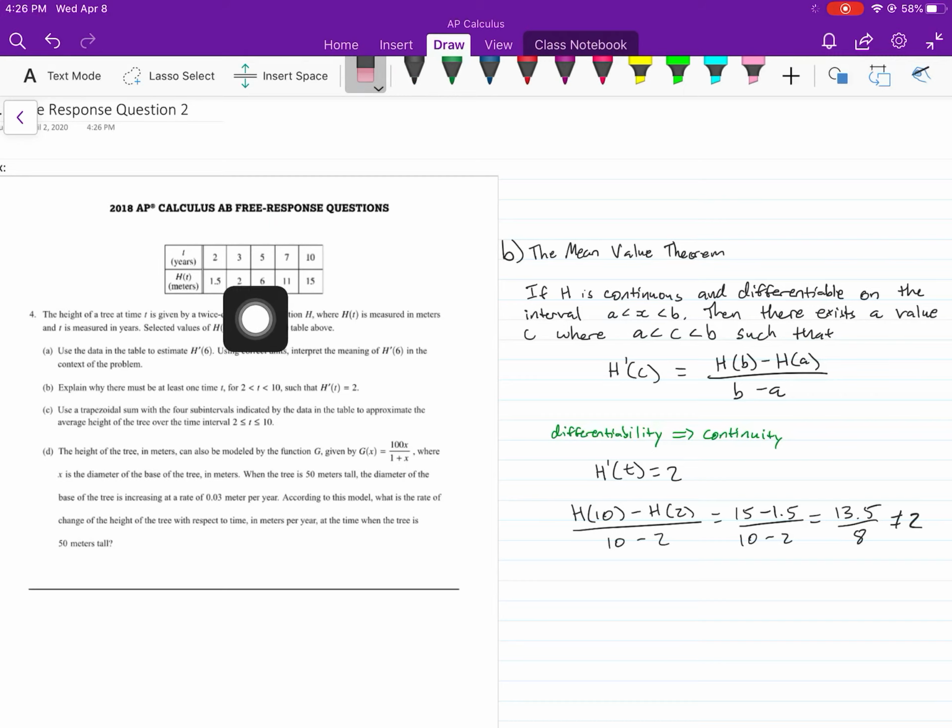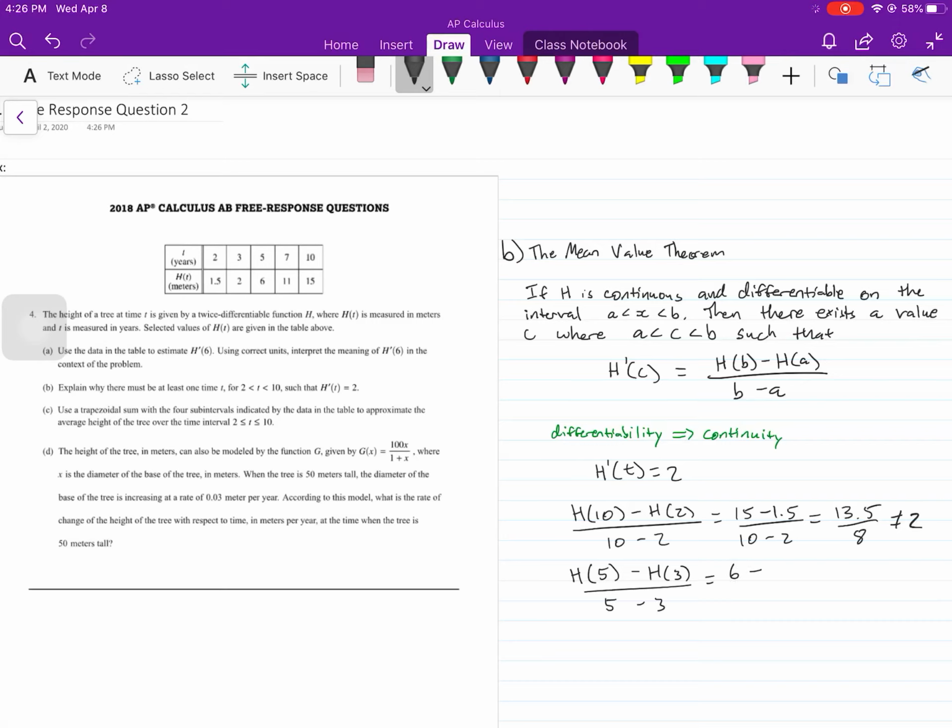I'm going to try some other things. I'm looking right here. 6 minus 2 is 4, over 5 minus 3 is 2. Guess what? 4 over 2, that would work. So let's try another one. h of 5 minus h of 3 over 5 minus 3.